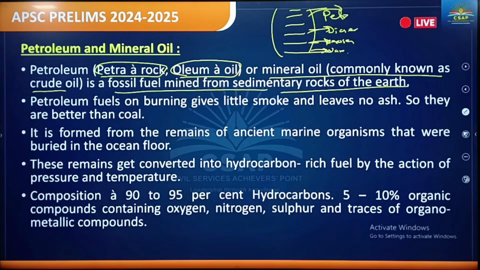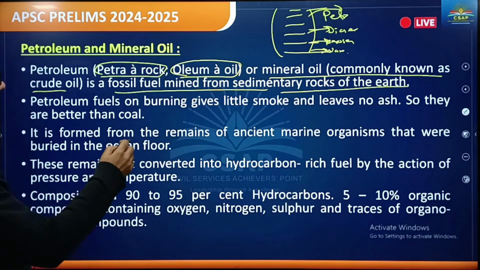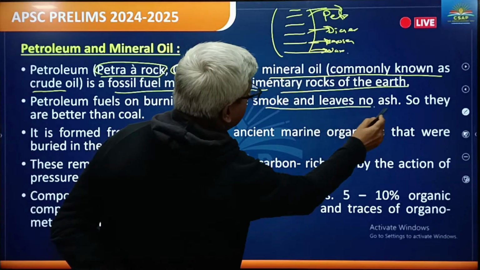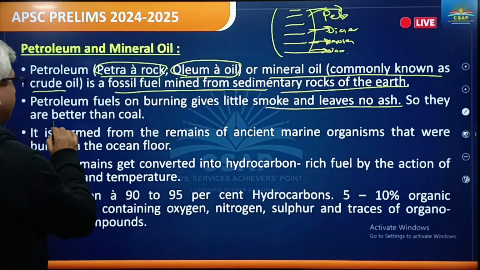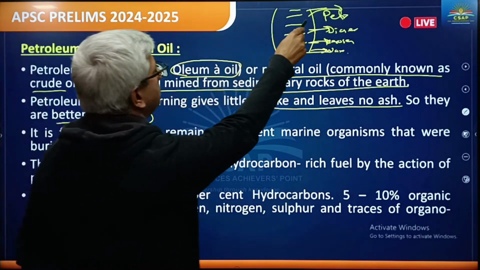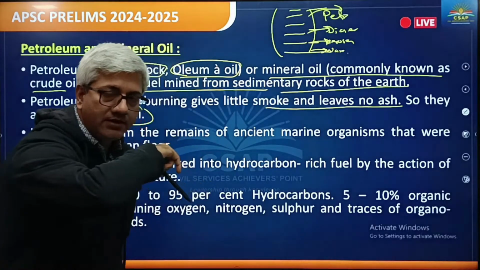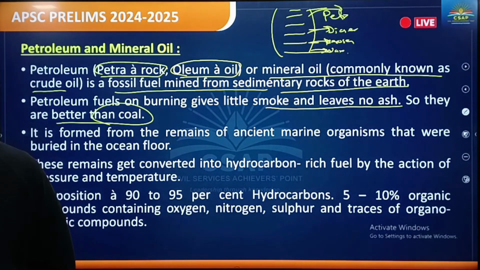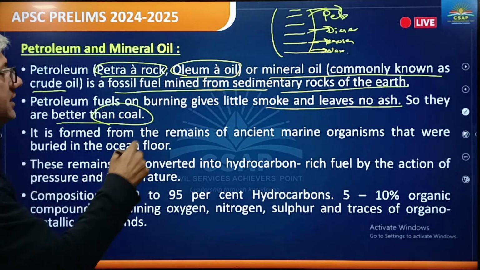So petroleum fuels on burning give little smoke and leave no ash, so they are better than coal. Normally petrol is said to be better because it is comparatively more refined. We cannot refine coal like that, but petrol, whatever we get, we get after refinement.